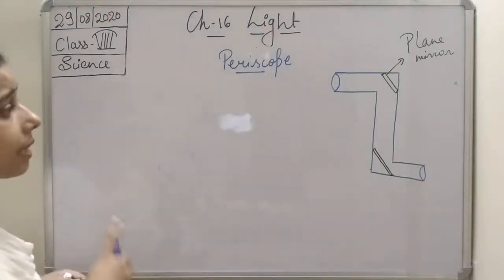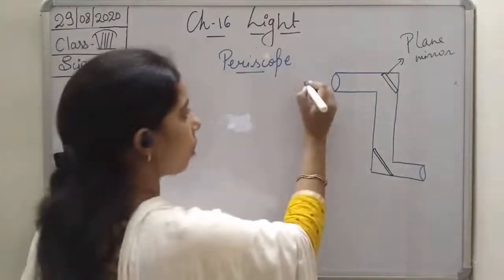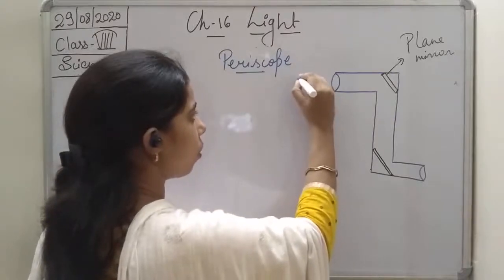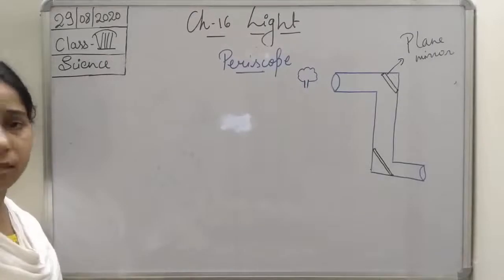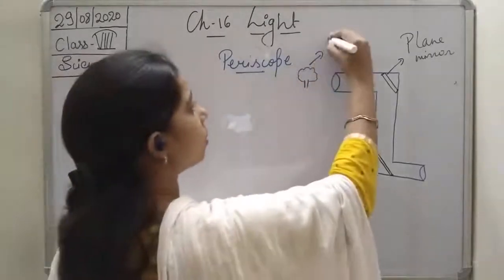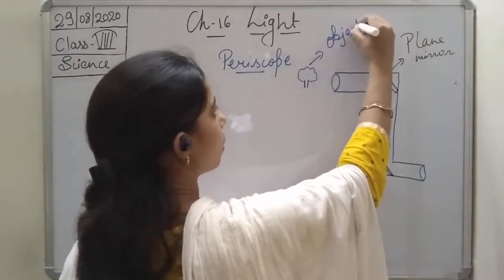So what is a periscope? Suppose this is an object, students, you can draw any object, a tree or a flower, whatever it is. So this is the object.